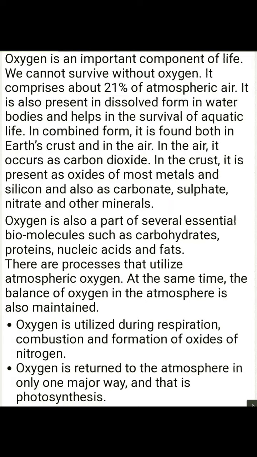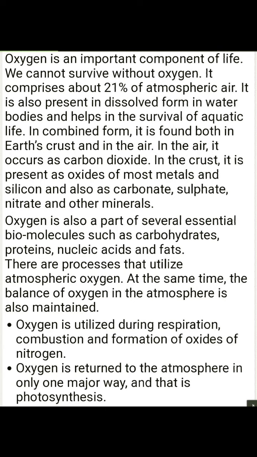It comprises about 21% of the atmospheric air, and it is present in dissolved form in water bodies and helps in the survival of aquatic life. In combined form, it is found both in the earth's crust and in the air. In the air, it occurs as carbon dioxide. In the crust, it is present as oxides of metals, silicons, carbonates, sulfates, nitrates, and other minerals. Oxygen is also a part of several essential biomolecules such as carbohydrates.